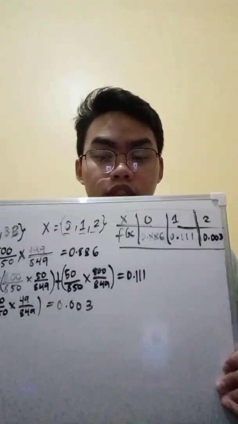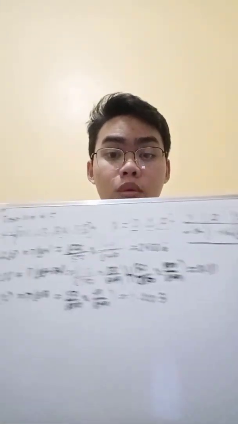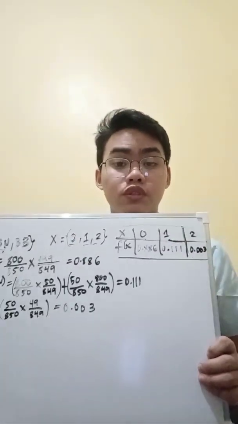Okay, so this is the probability distribution, but we are asked to find the cumulative distribution function of x. So, okay, let's move on to it. For the cumulative distribution function of x, it will be now like this. So, since we have all the probabilities for the random variable x, we will now have f of 0.